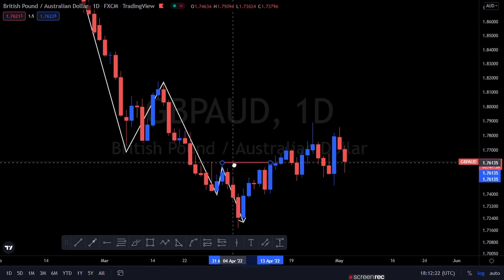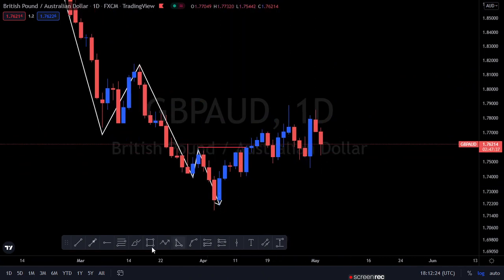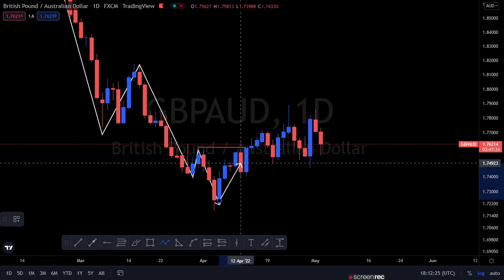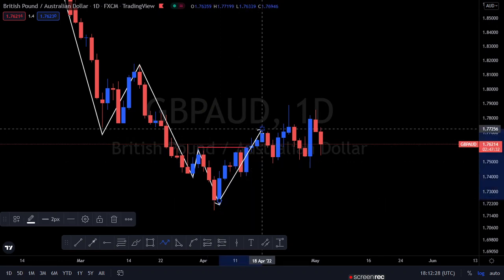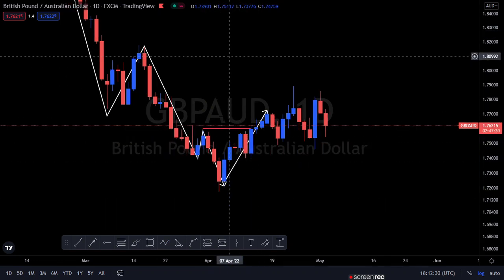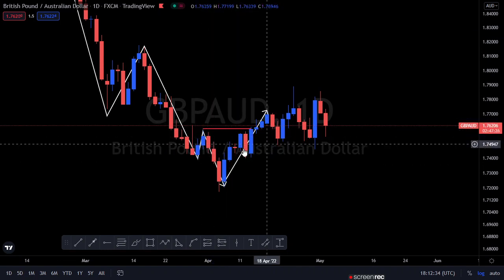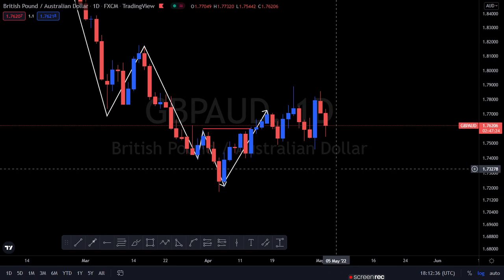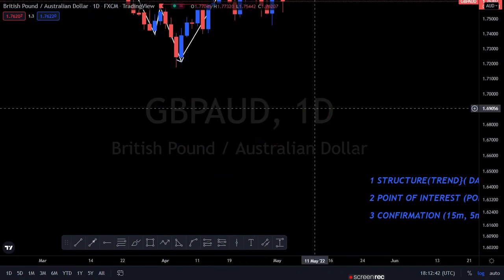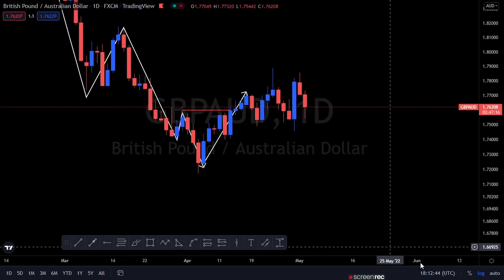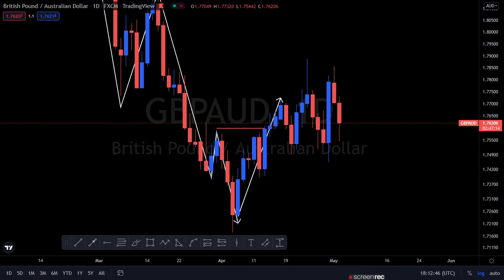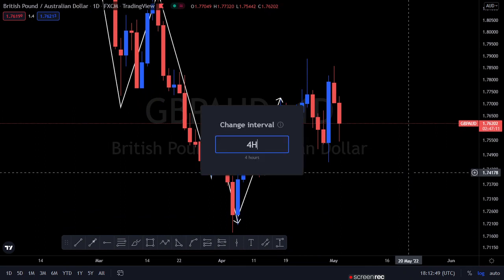And here you can see that the market went ahead to break the last lower high. So now you can see that we've changed from bearish to bullish. Now I have to look for buy opportunities, buy setups. So the first rule is confirmed. We have a bullish structure. Now we scale down to the 4-hour time frame.